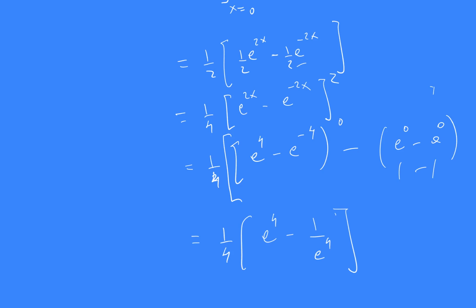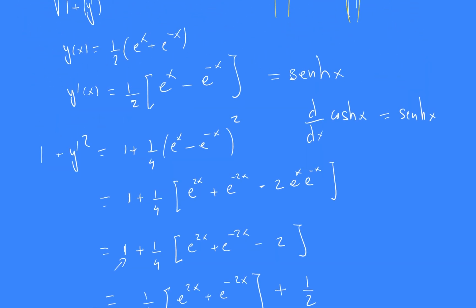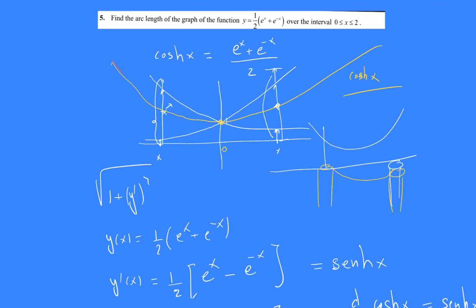The length should be bigger than 2, because the graph is between 0 and 2. According to the graph between 0 and 2, this length is 2, but because the graph of the function is this graph, this will be bigger than 2.